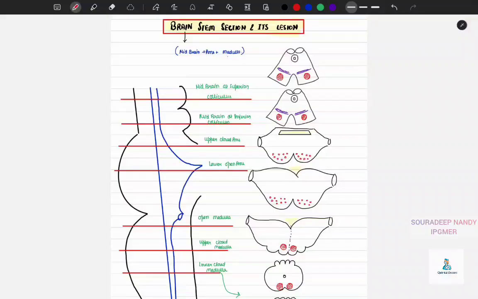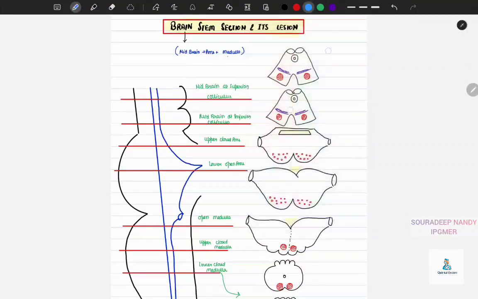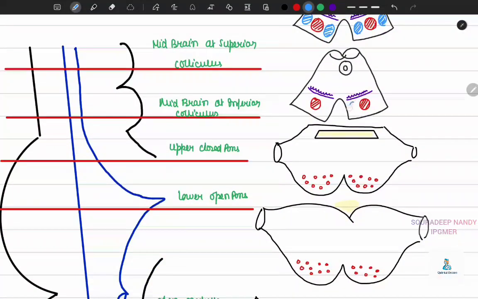Now coming to the corticopontine fibers. Again they originate from the pyramidal layers of the cerebral cortex. Then they pass through the internal capsule and come to the crus cerebri. So here is the crus cerebri. Corticopontine fibers are abundant, present in more amount than the corticospinal tract fibers. It descends down like this.